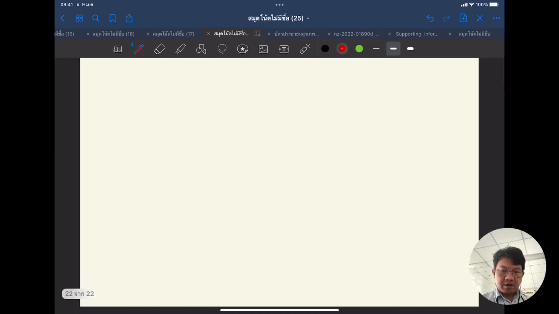The next set of constraints is the availability of machines. For each month you have a plan for maintenance of each machine, right?